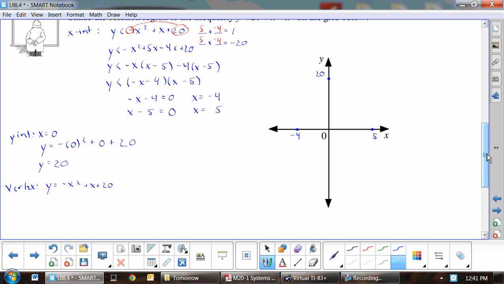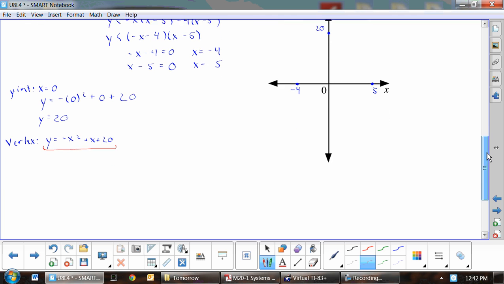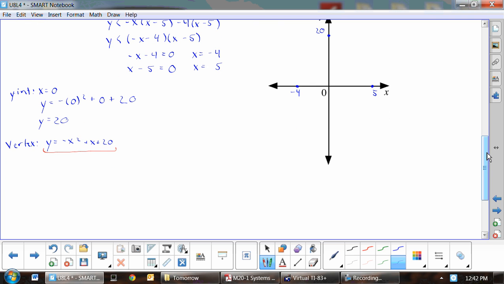Exactly. So we need to use our favorite form with P and Q. And so we know that P and Q is our vertex, but we're not given those points. So what do we do when we have it in standard form? Awesome. We get to complete the square. So does anyone remember how to complete the square?